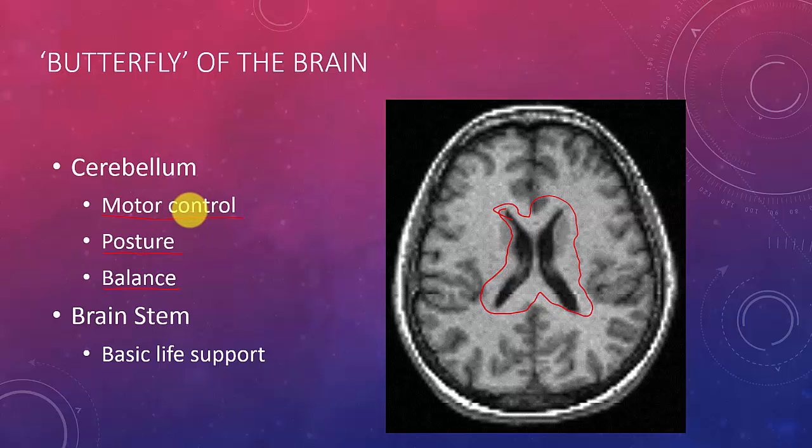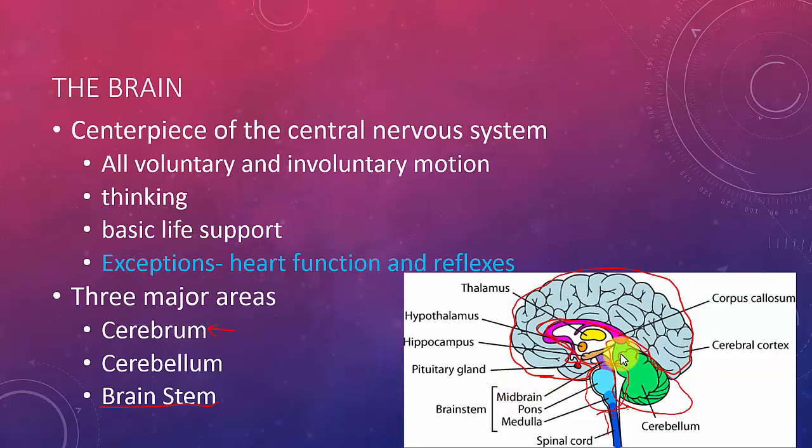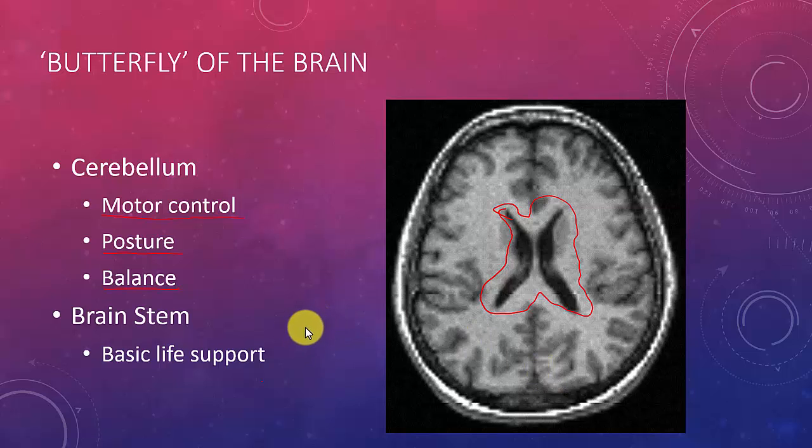Okay, so if you have problems with enunciation, you could have an issue with your cerebellum and the motor control function of that. And again, the brainstem, which is this component right here, controls all basic life functions. Okay, so those are the two major components of what the cerebellum does and what our brainstem does.